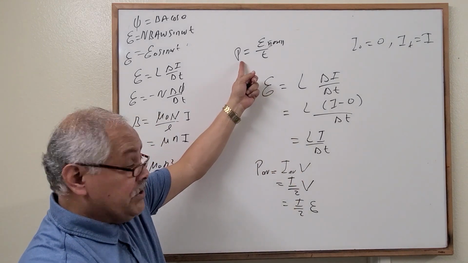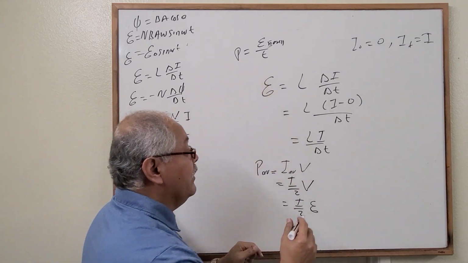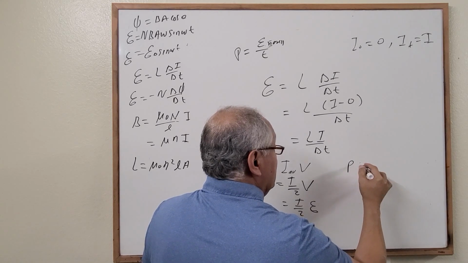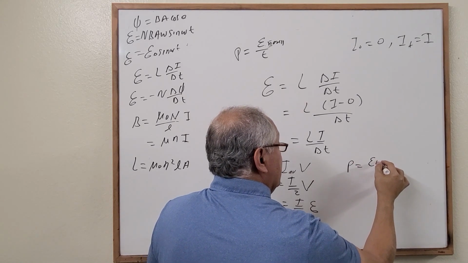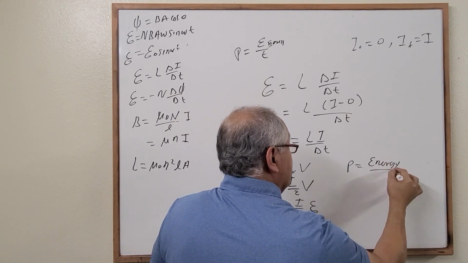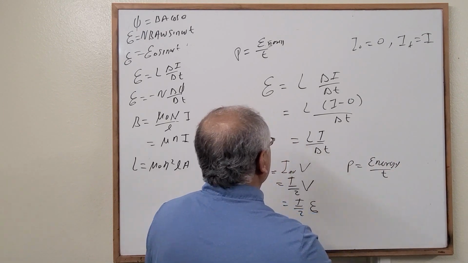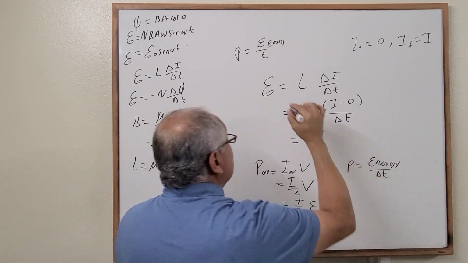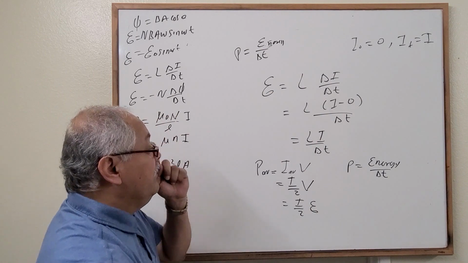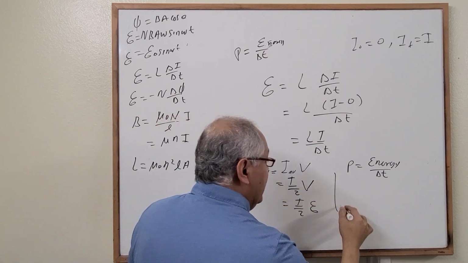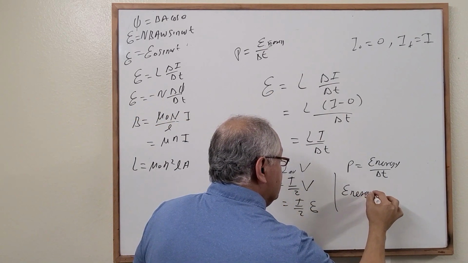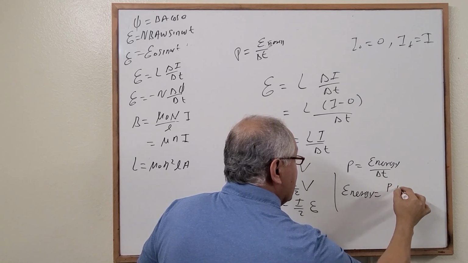Now let's go to the general definition for power. Power is equal to energy divided by the time. We can use delta t here. Perfect. Now what is energy then? Energy is equal to power times delta t.